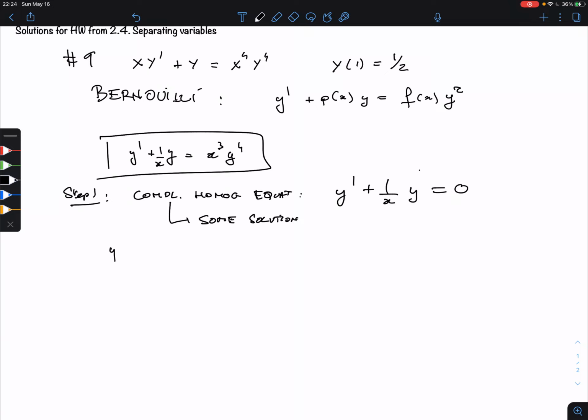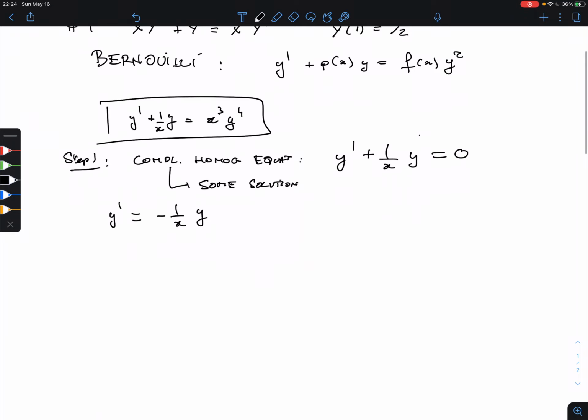Okay, let's do that. We know that these homogeneous linear equations are always separable. So divide both sides by y, and you see how the variables are now separated. It is sometimes better to write it as dy over y equals dx over x, and then we take integrals.